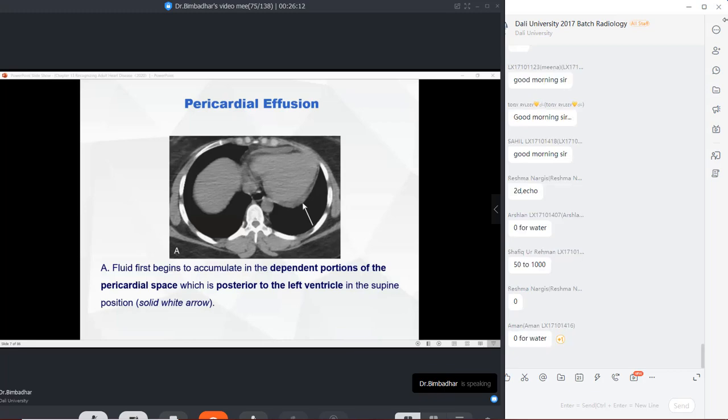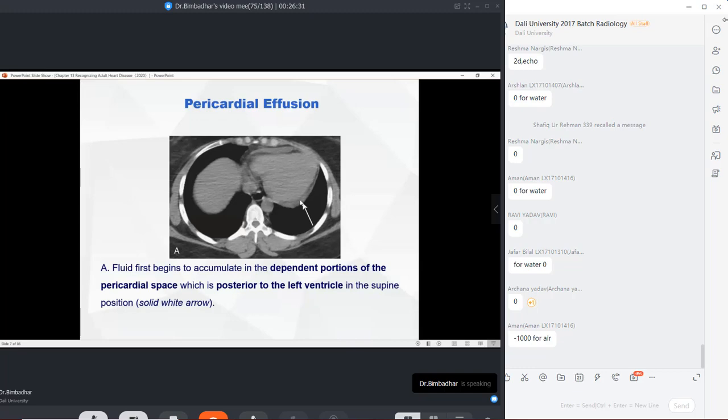0 for water, and 0 to 10. Okay, we will call it for fluid, right? Yes, 0 for water. So I will measure the attenuation unit exactly at this place. The first thing I'm going to do is measure the Hounsfield density here, and then immediately measure it here.